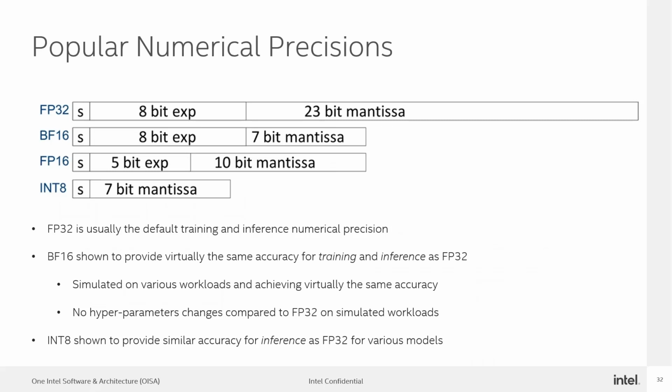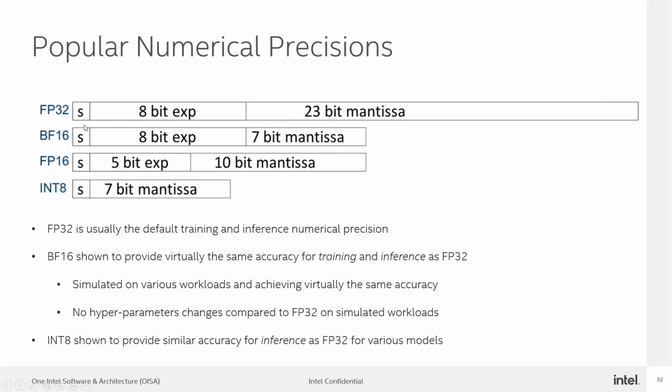Also, the data type is the second biggest component of the hardware architecture. FP32 is short for float 32. It is stored in this format.